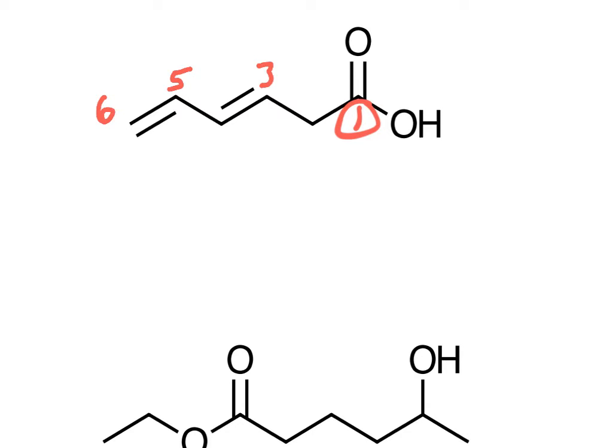Okay, so let's go ahead and work out the name of this fellow then. We're going to have double bonds at the 3 and 5 positions, so I will have 3,5. It's 6 carbons, so that's hex. And then I have to get in the fact that there are 2 double bonds, so it's hexadiene.